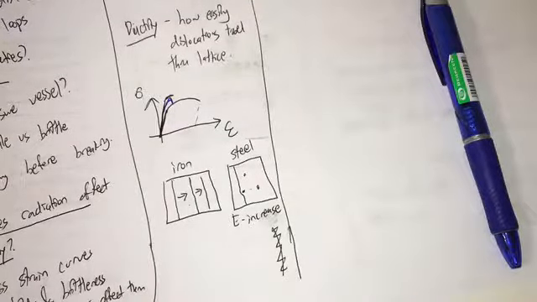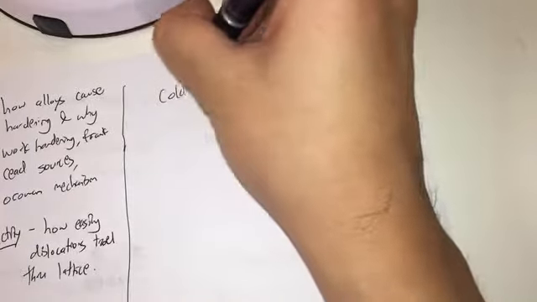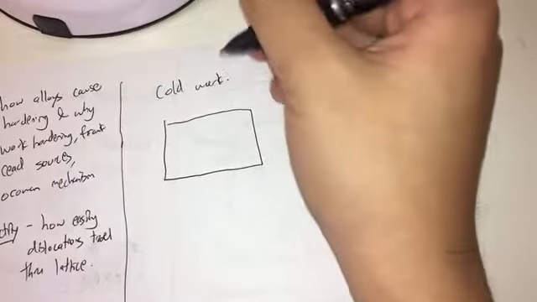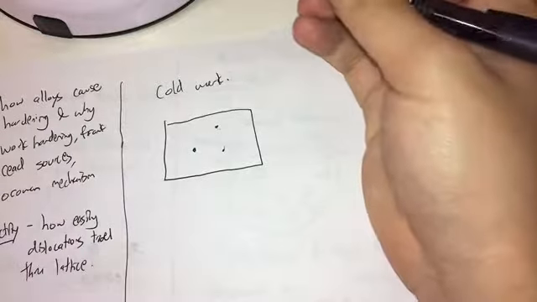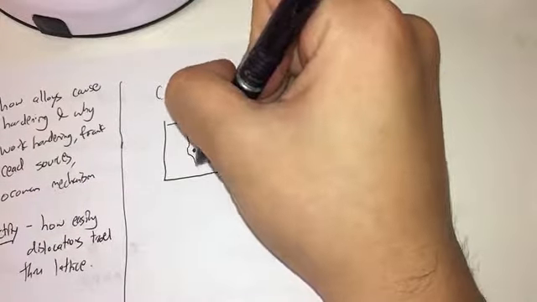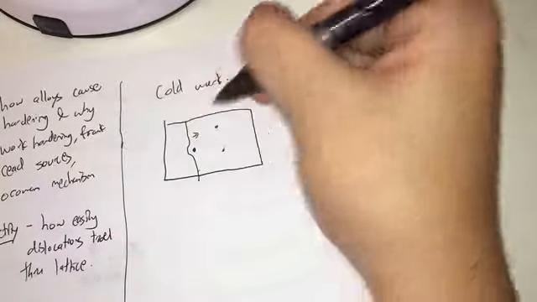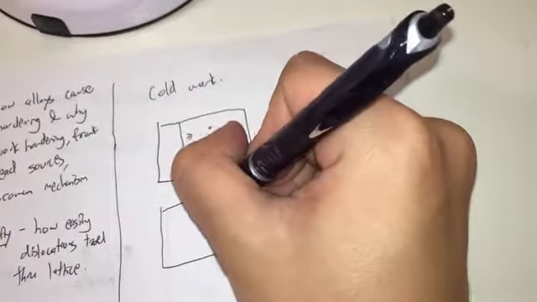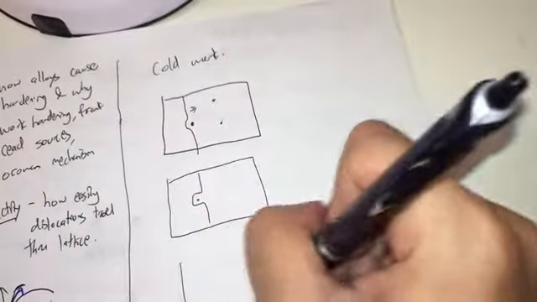Now, if we stretch our material via cold work, okay, just to recap, every time a dislocation travels through some precipitate, it will start to loop around the precipitate, and then it will form loops here.